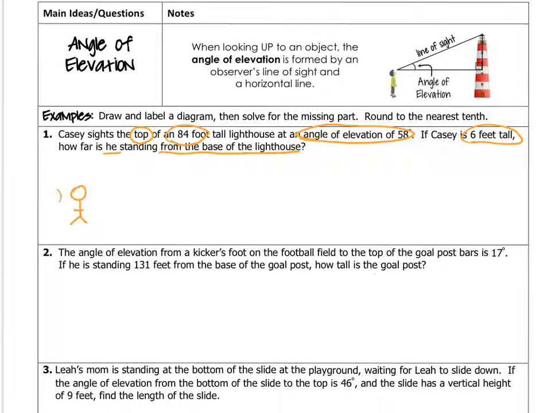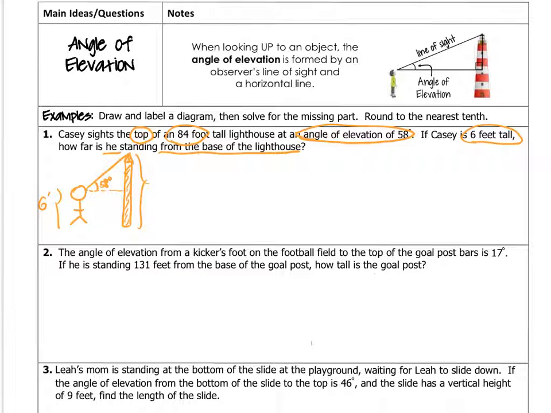So this is Casey, and Casey is 6 feet tall, and this is not proportional, but if the lighthouse is here, let's see, what does a lighthouse look like? There should be a light somewhere. So if Casey is looking up to the top, and from the eyes to the lighthouse, the horizontal line is here, and this would be the angle of elevation at 58 degrees.